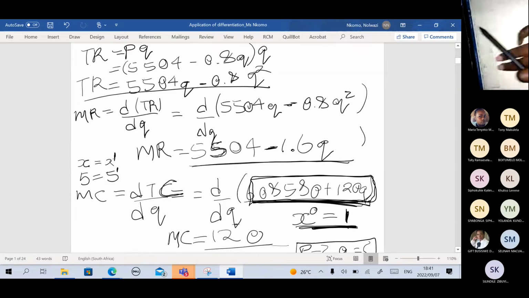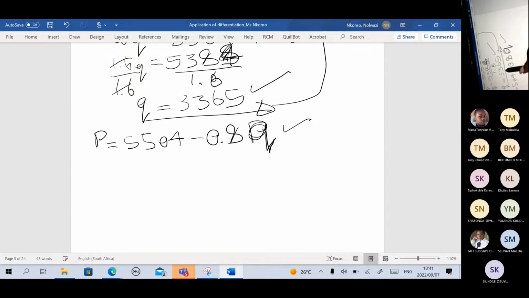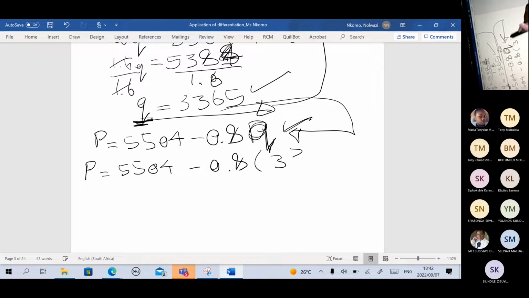So we'll say price is equal to 5504 minus 0,8 Q. This was the demand function, we were given this. And now we have this quantity at maximum, so you just have to take this and substitute it here. So we'll say P is equal to 5504 minus 0,8 times 3365. And that would be our price at maximum, what we're asked to find.